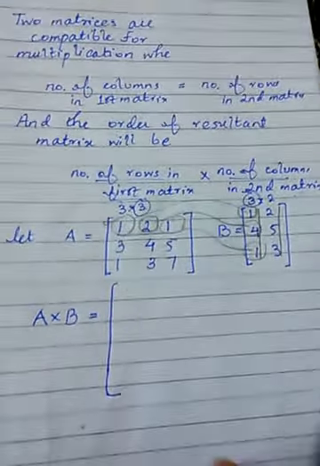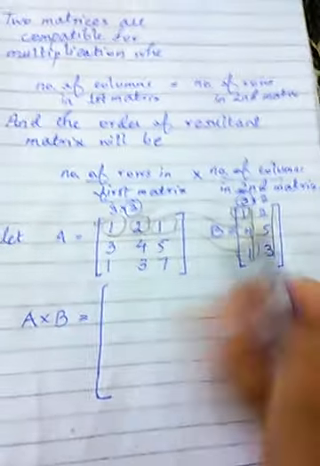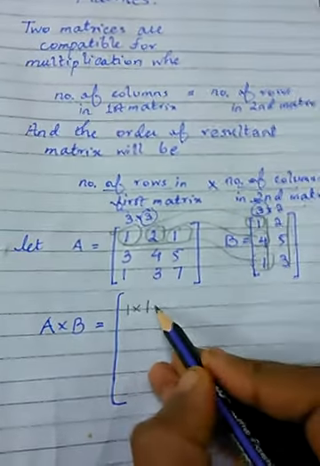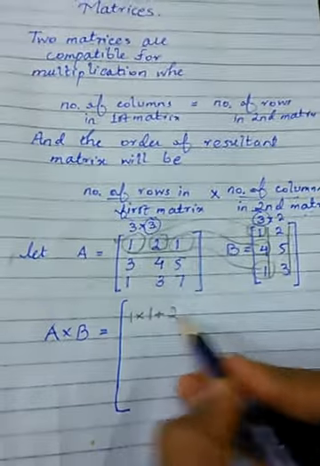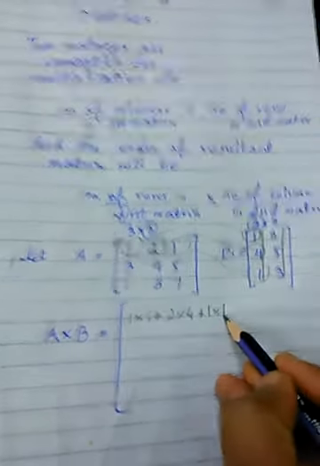So what will be the result? 1 multiplied by 1 plus 2 multiplied by 4 plus 1 multiplied by 1.